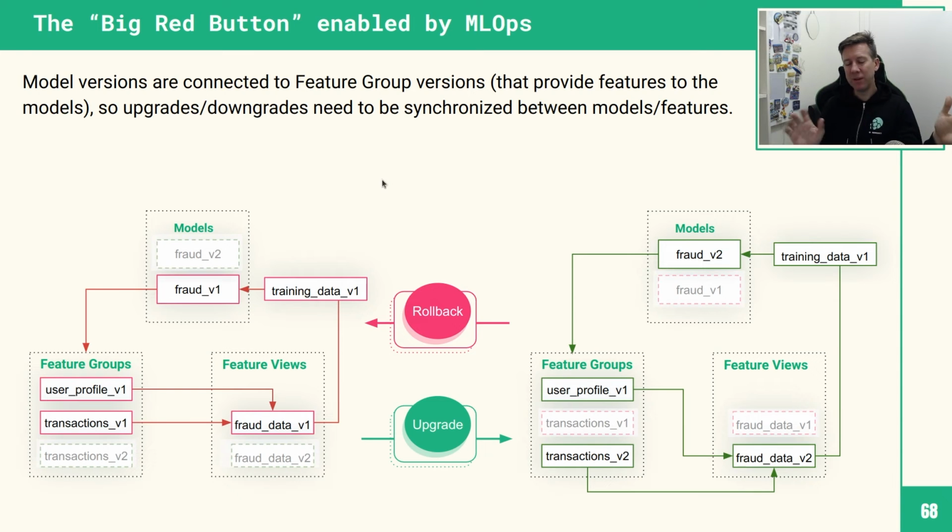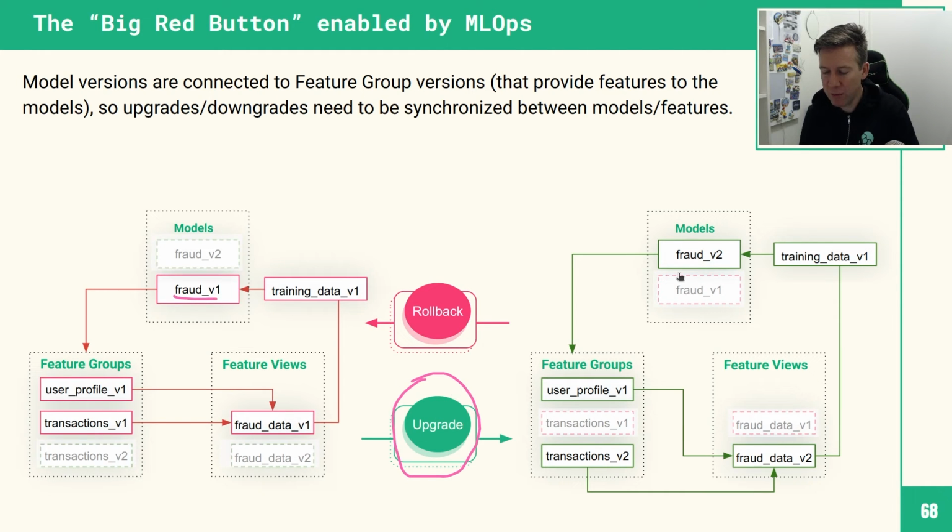Now, if we have all of this infrastructure in place, there is a kind of vision of MLOps. It's a vision I have in my head of what is great MLOps. Great MLOps is having a big red button. So if you're an operations person, deploying a model is pressing the green button, which most people think is fantastic, I can upgrade. So here we can see we've got a nice big green button. And what the green button gives me is the ability to say, hey, I want to deploy V2 of the fraud model.